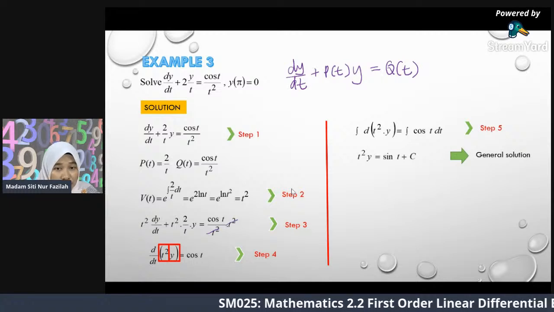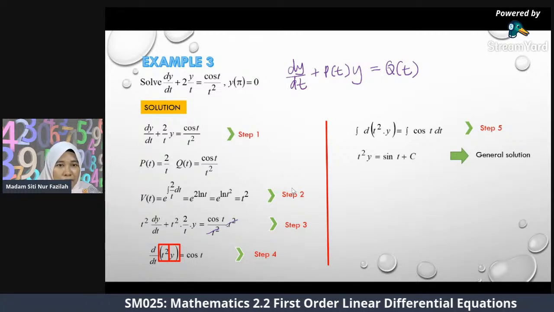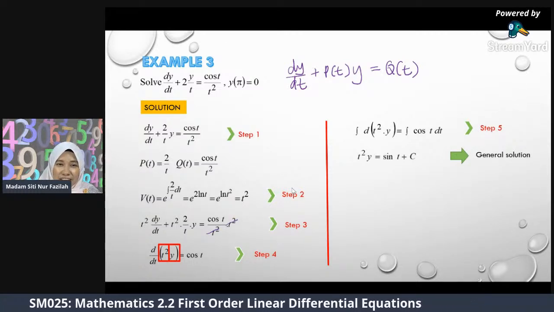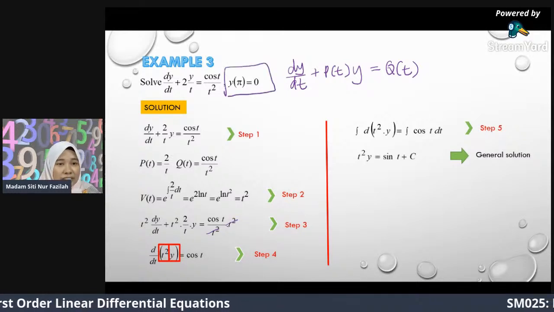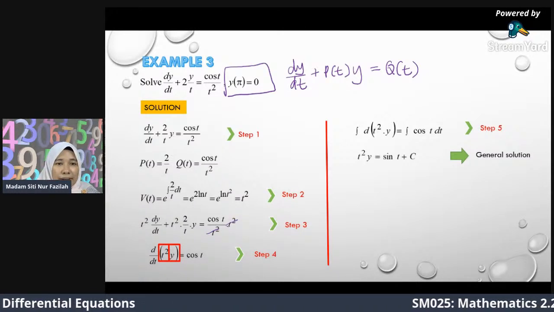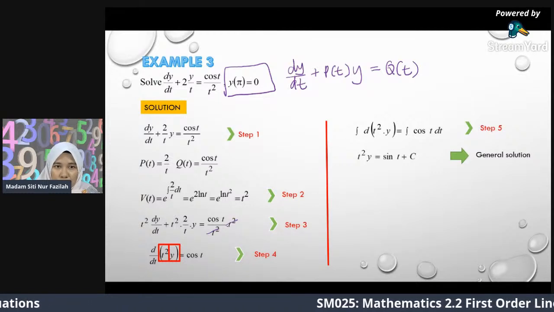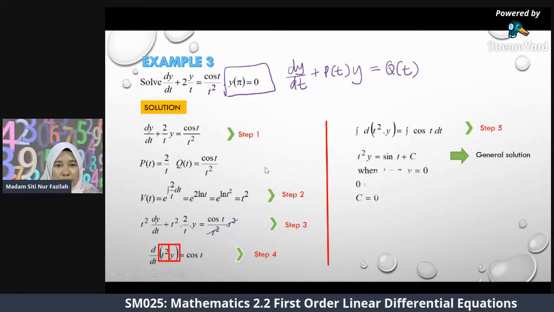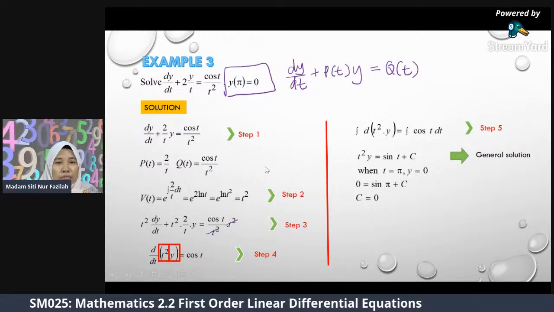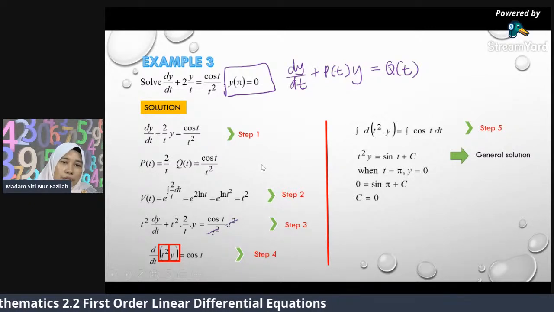Or general solution. For this question, we have an initial value or condition: y(pi) equal to 0. That means y equal to 0 when t equal to pi.